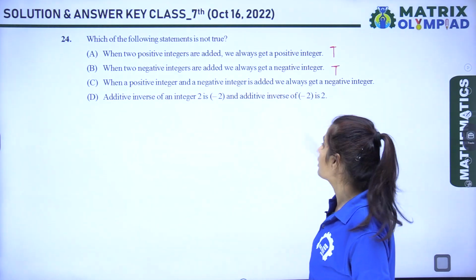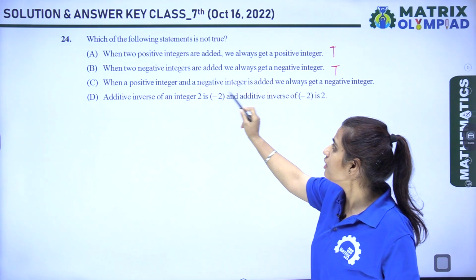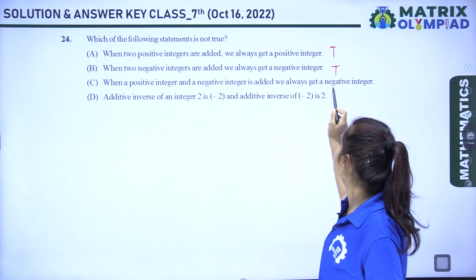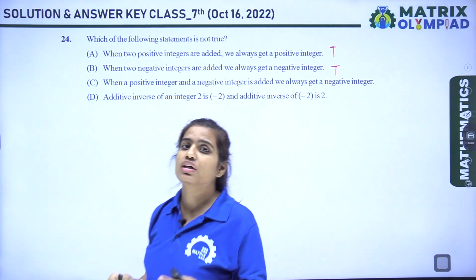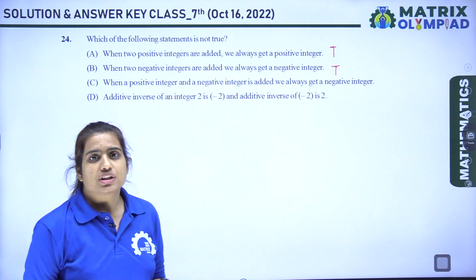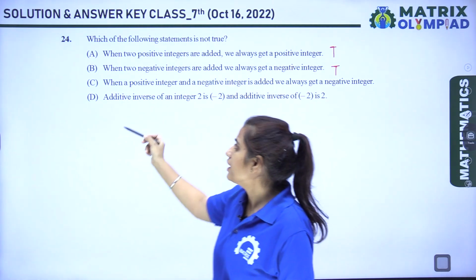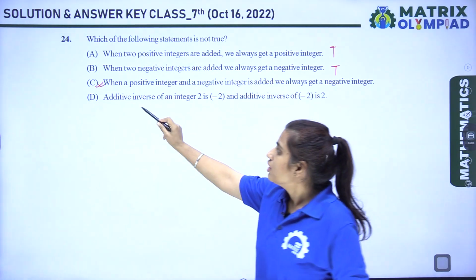Yes, it is also correct. Next, when a positive integer and a negative integer are added, we always get a negative integer. This statement is not correct as it depends on the numbers. So here we can say that option C is the correct answer.